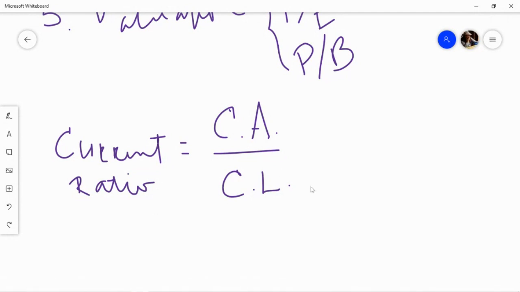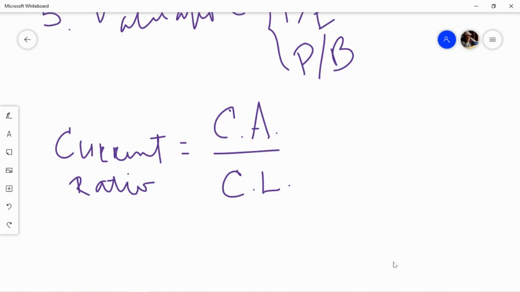In the balance sheet, right, you have current assets and current liabilities. Current liabilities are the payments that mature within 1 year, and within 1 year means some of the current liabilities become due tomorrow. Some of it becomes due 3 days later. Some of it becomes due in 1 week.